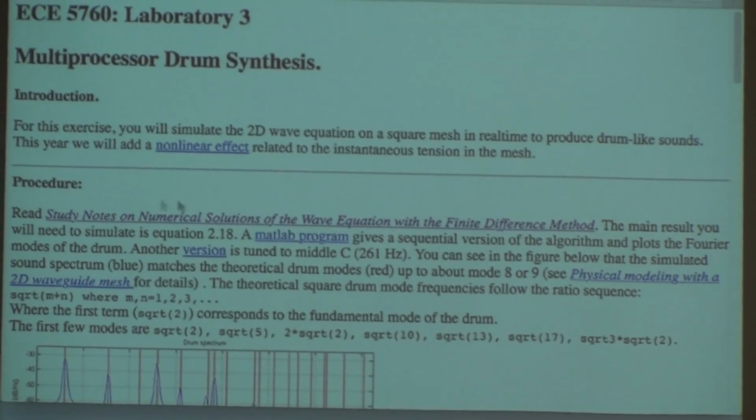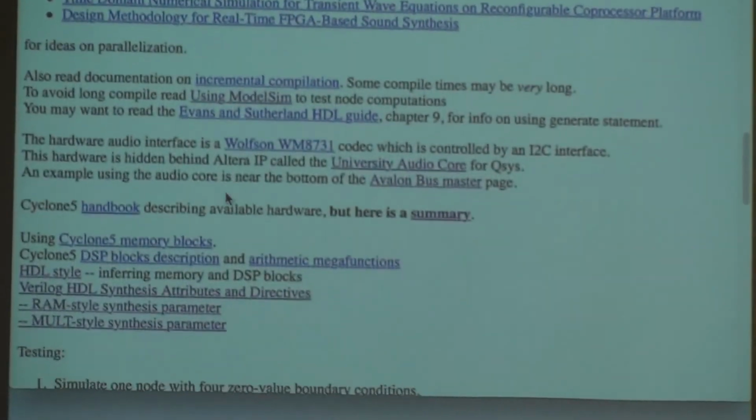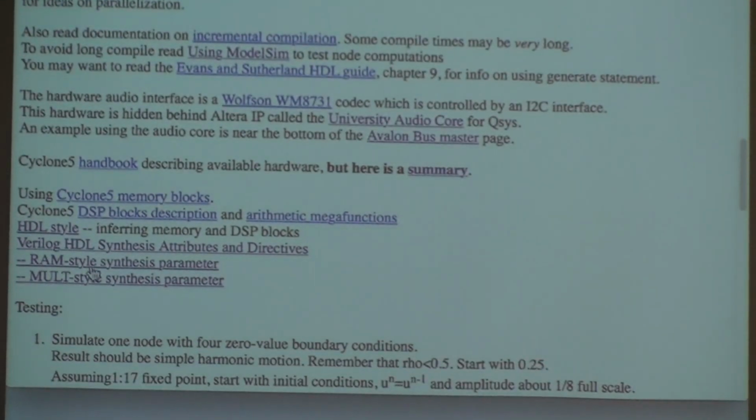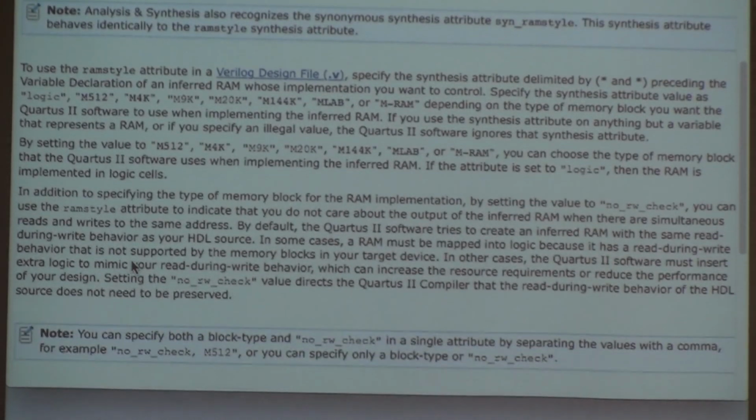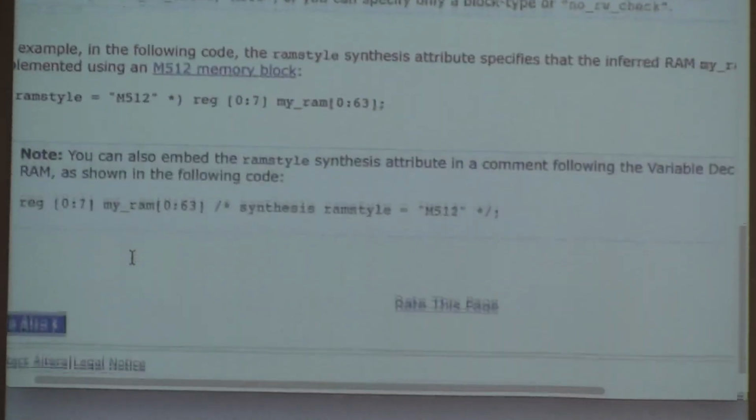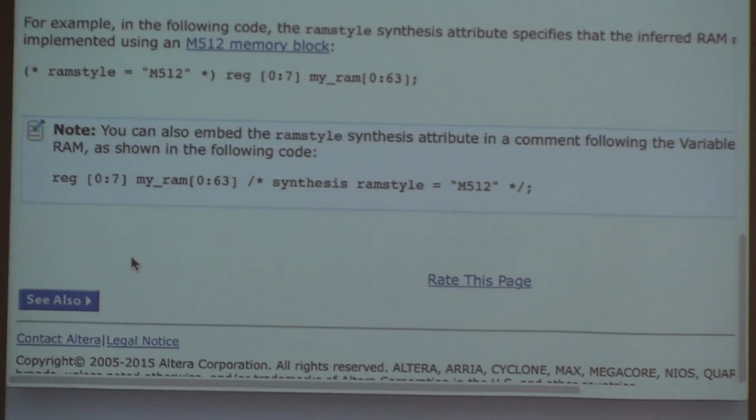Let me remind you that I did put a few notes in here on the RAM style and the mult style synthesis parameter that allows you to control the kind of memory that you're going to implement by instantiating it directly in Verilog. So you can do one of these 2 formats.